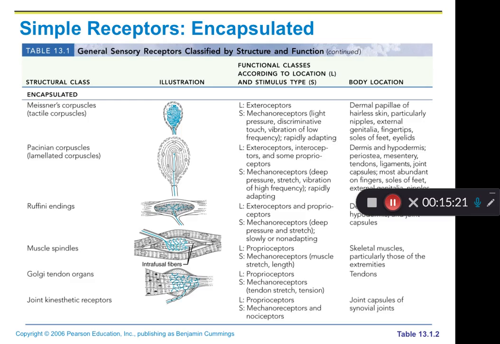Because once we move, once we do exercise, our joints will have movement. So these receptors can detect all the mechanical stimulus loaded on the joints, and they can send the impulse information to the brain, so the brain can know the position of our joints.